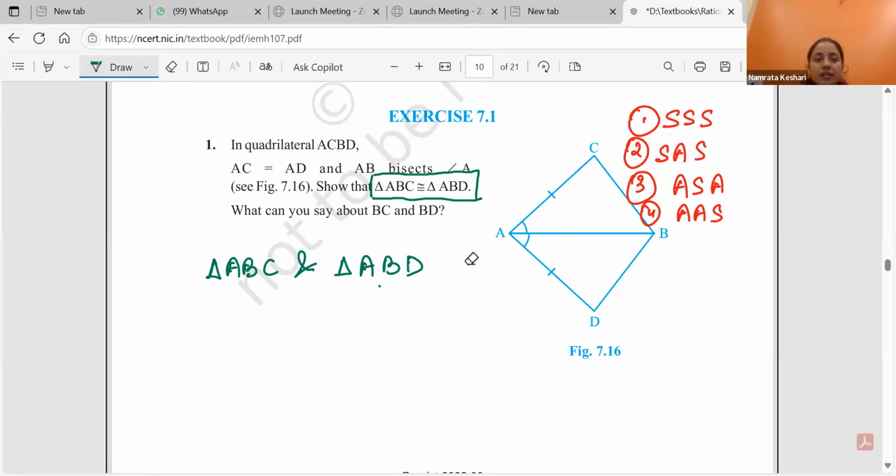Now we will say that here it is given in the question itself that side, just a moment.